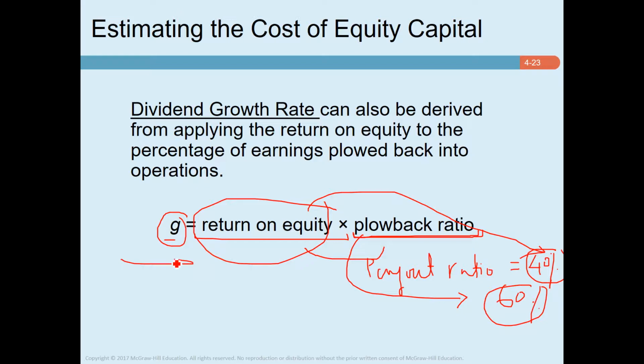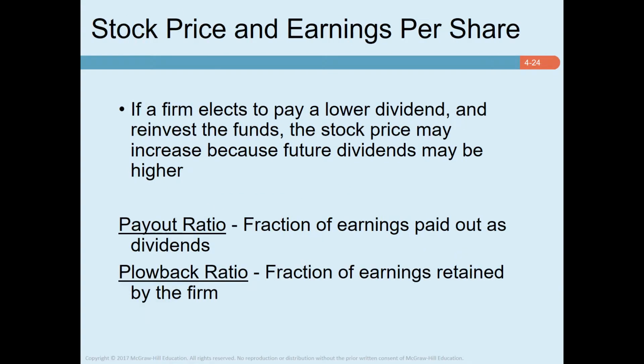That actually generates the growth in the firm. That's why the return on equity multiplied by the plowback ratio, which is retained with the firm, is the growth rate, because that basically contributes to the growth of a firm. Payout ratio is the proportion of the profit paid out as dividend, and plowback ratio is 1 minus payout ratio.